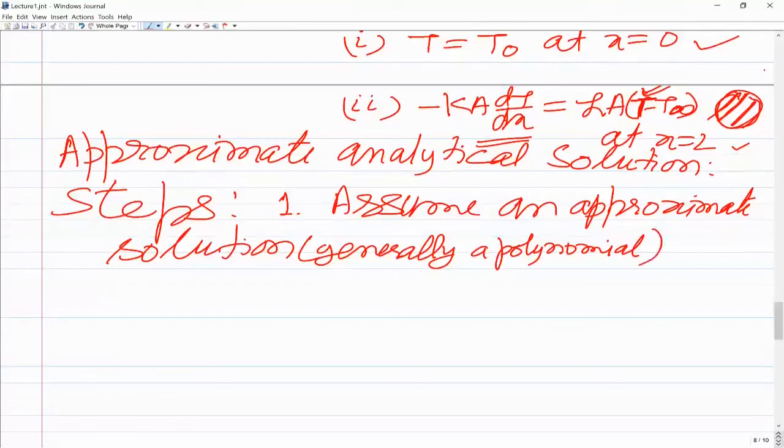And when we are assuming an approximate solution, because this approximate solution is going to be substituted in the differential equation, whatever we assume should be differentiable at least up to the highest order derivative present in the governing differential equation.